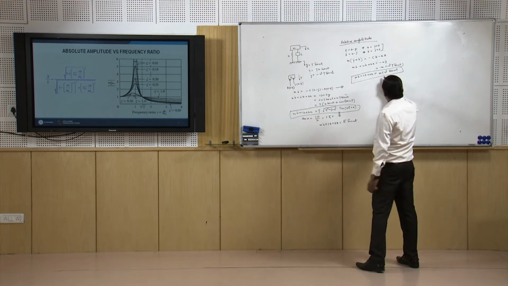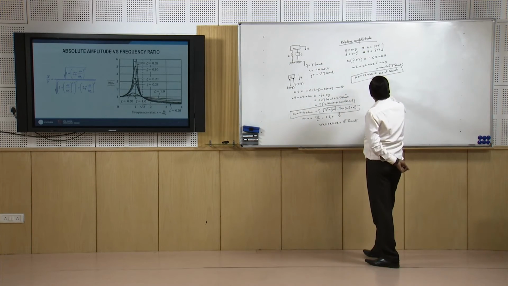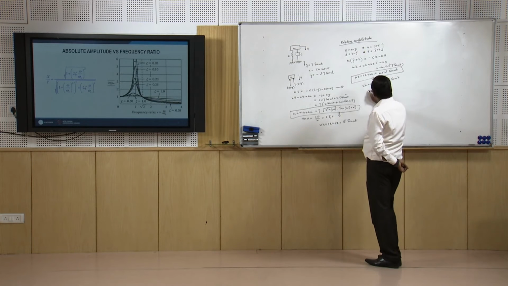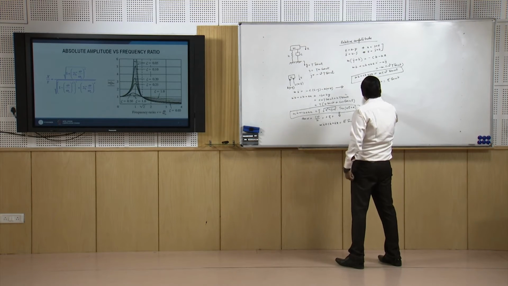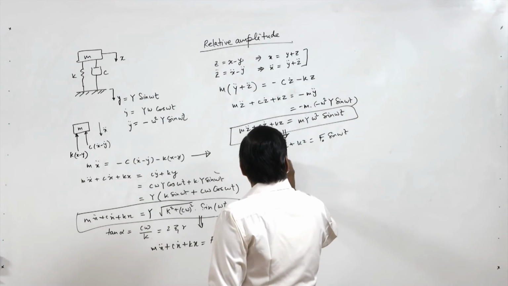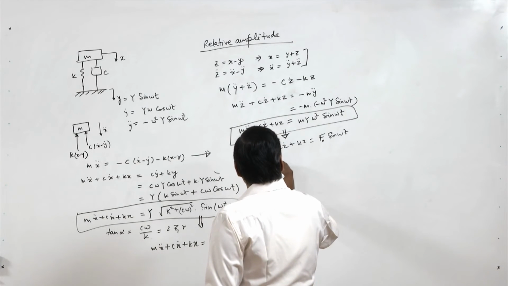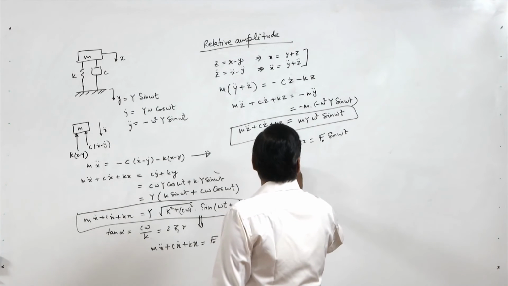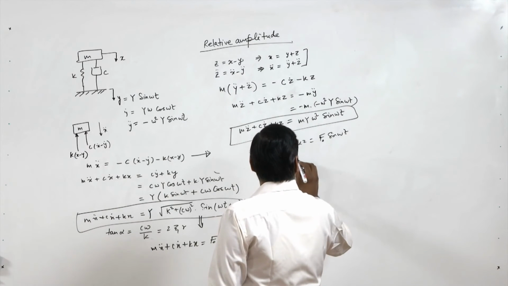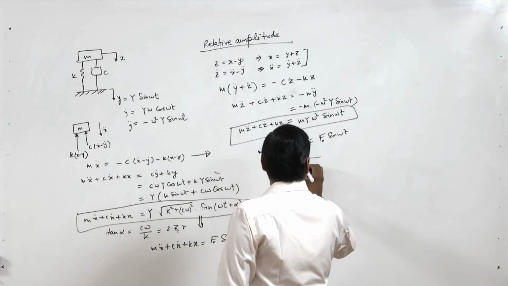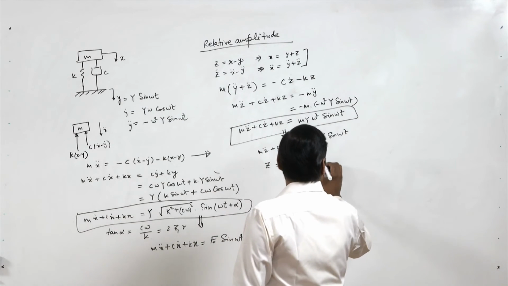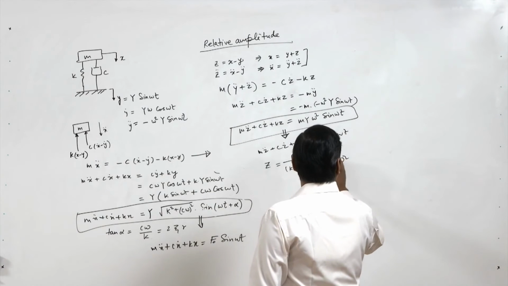So from here we can again compare it with m z double dot plus c z dot plus k z equal to f0 sine omega t, and here we can find z equal to f0 upon square root of k minus m omega square whole square plus c omega whole square.